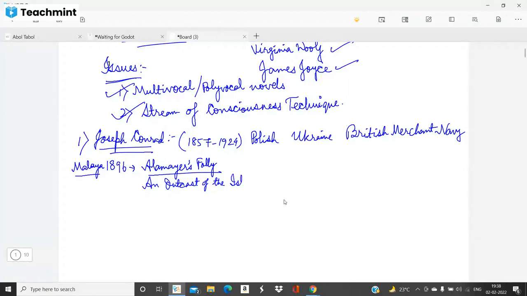Now, An Outcast of the Islands is not a proper novel, it is a longish short story or a novella, sort of. And here he vividly paints the tropical backdrop.